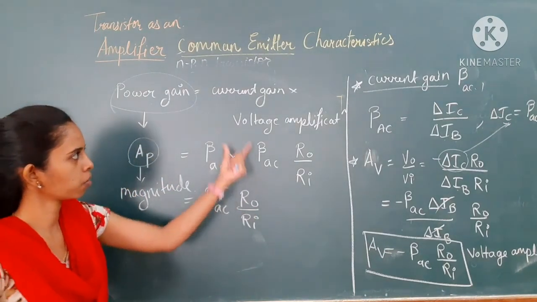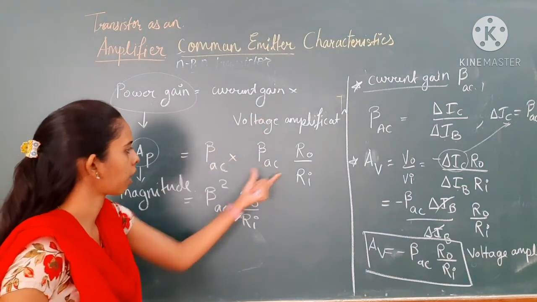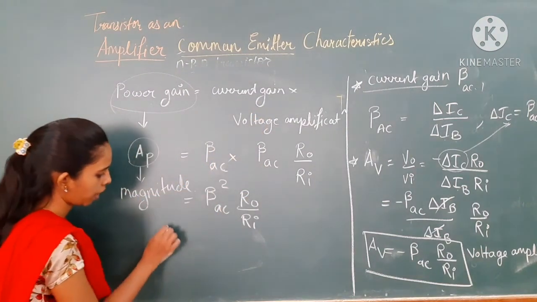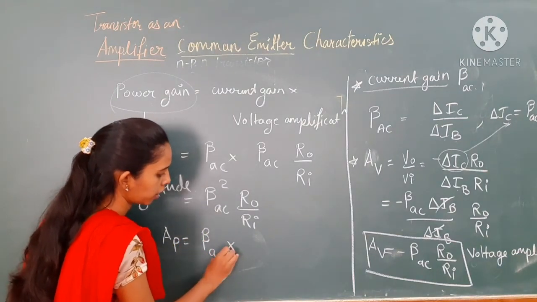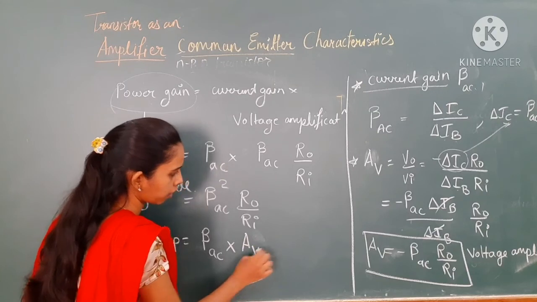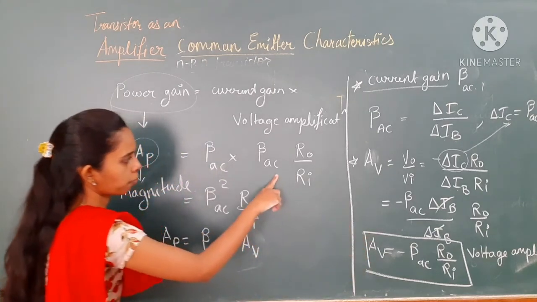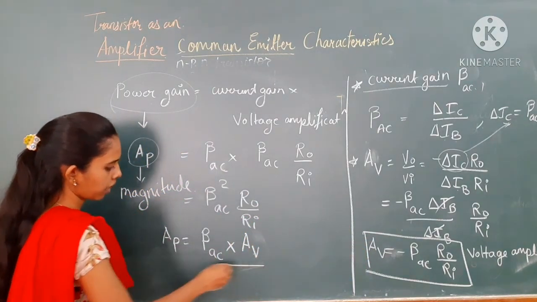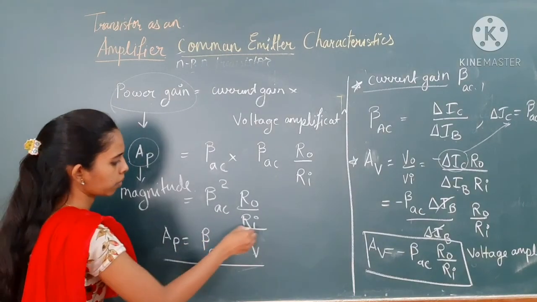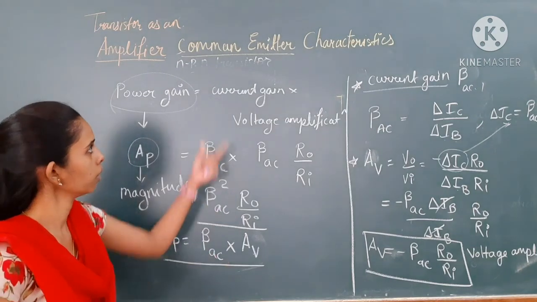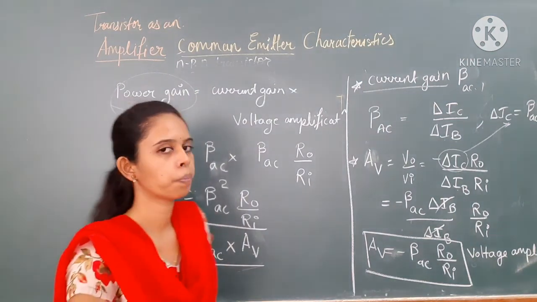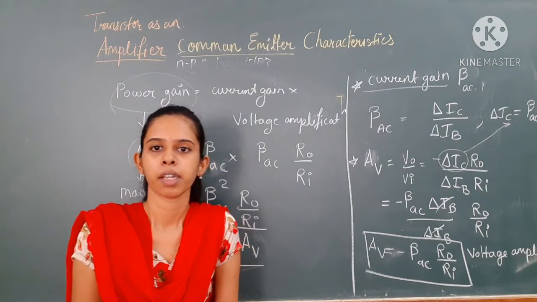This is also the formula. Or in other words, you can write AP is equal to beta AC into AV, where AV is what we have put over here. So any formula you can use as per your requirement. Okay, so this is about the transistor as an amplifier.